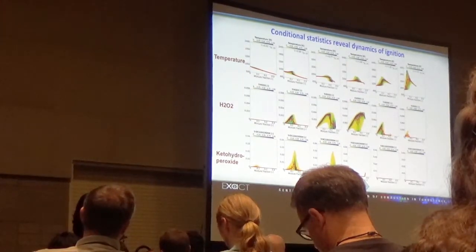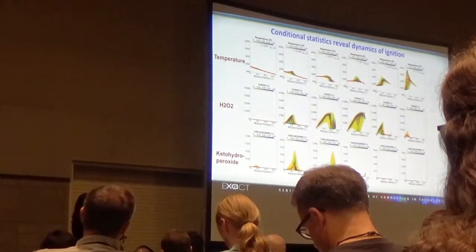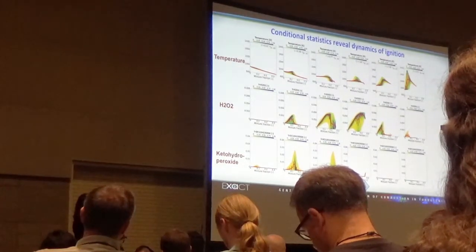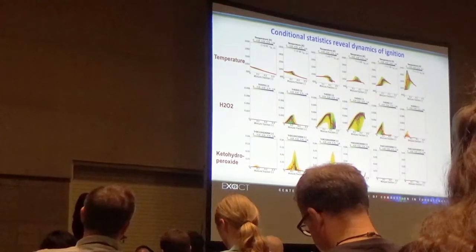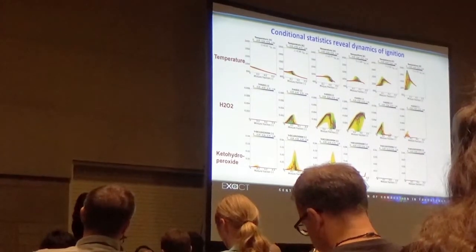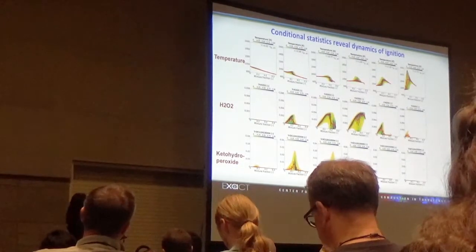We have intermediate markers like hydrogen peroxide and ketohydrogen peroxide that tell us our reaction progress variables, if you like, to show us the progress of ignition for these low temperature ignition phases. You'll see H2O2 and H2O and heat build up during low temperature ignition, and then you'll see their disappearance as hot ignition occurs.